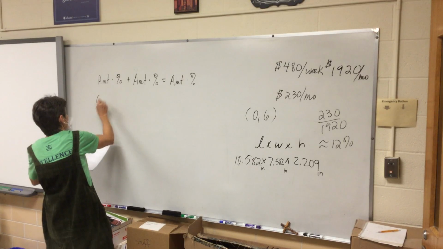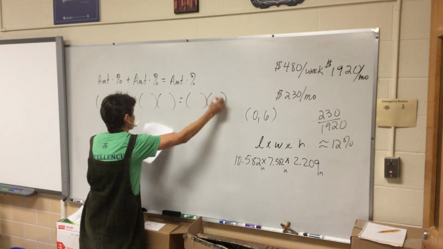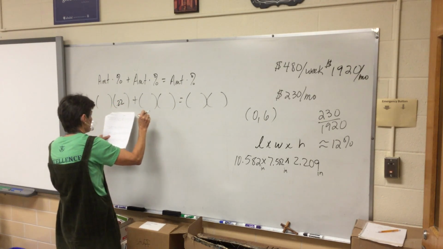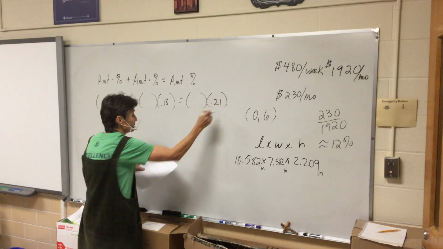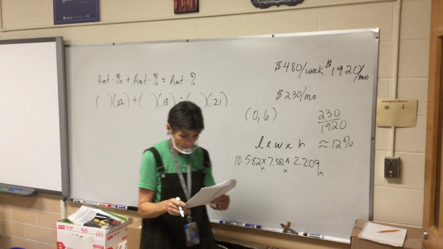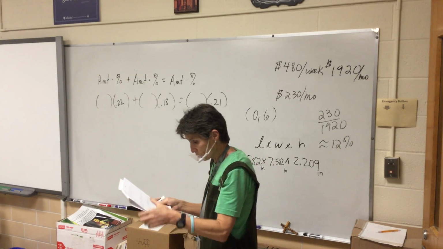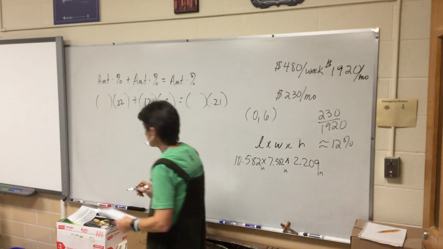All right, so here we go, my percentages are 22, 18, and 21. And the only other number I have is 12, and that goes here. Everybody okay so far?